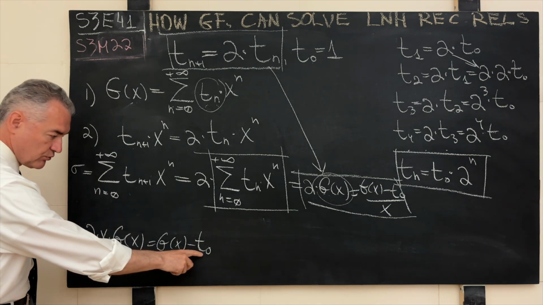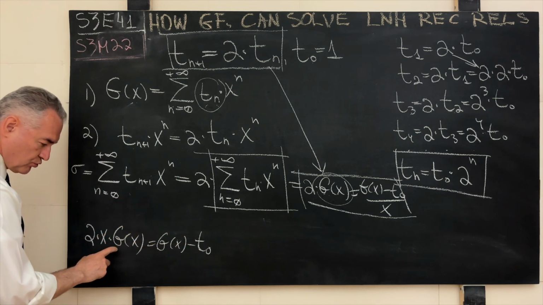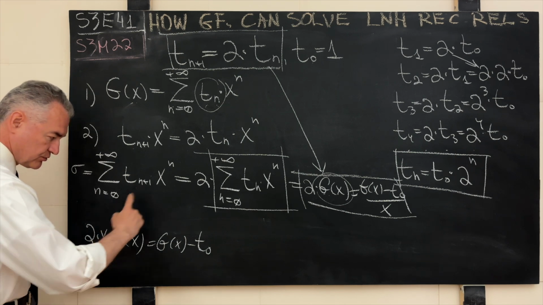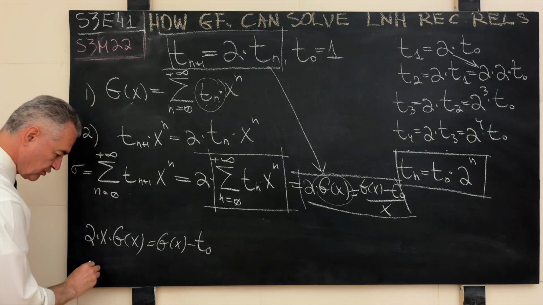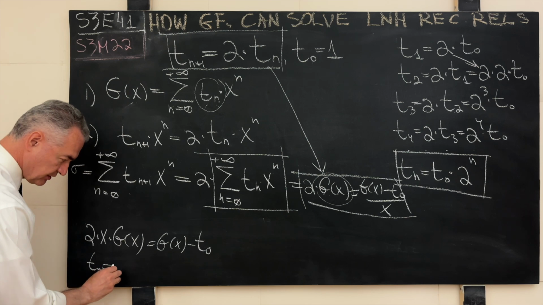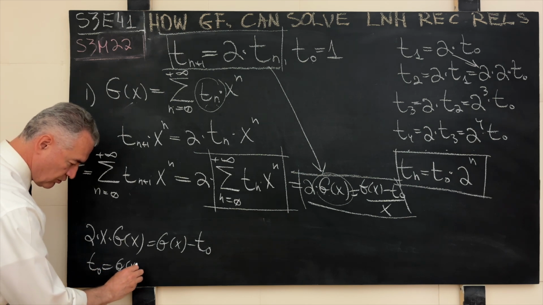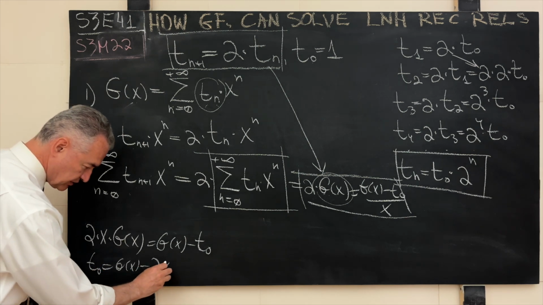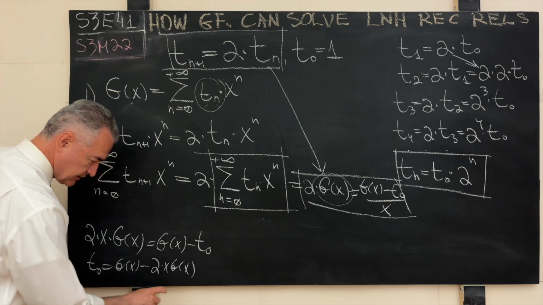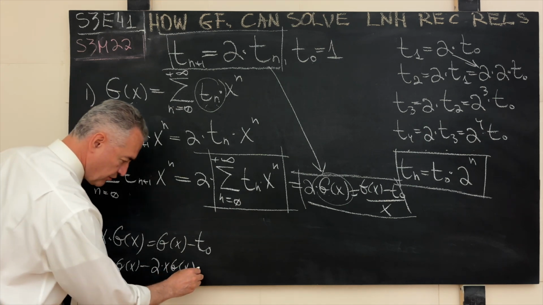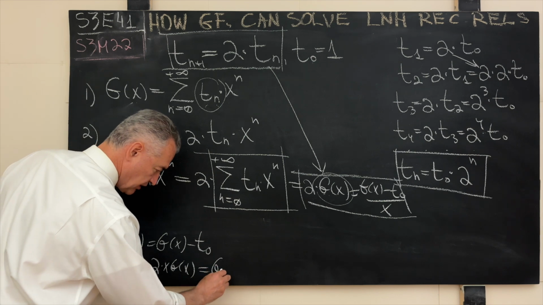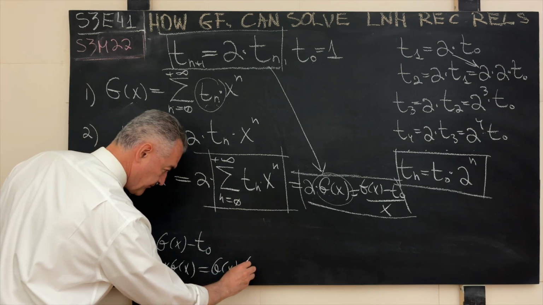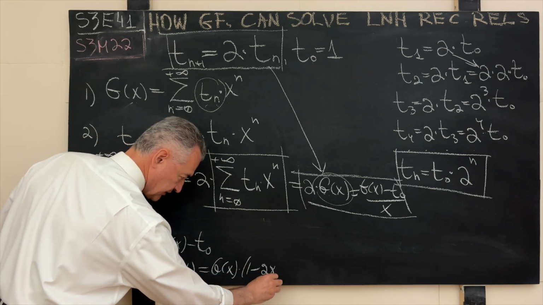Agreed? So now we move t0 to the left, 2 copies of x times g of x to the right, flipping the signs, and what do I have? t0 is equal to g of x minus 2 times x g of x. g of x is present in both summands, so it becomes g of x times 1 minus 2x.